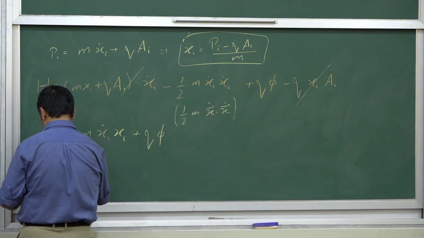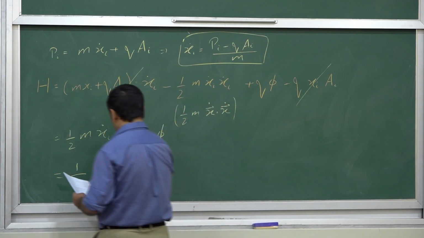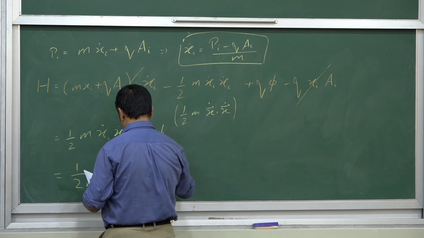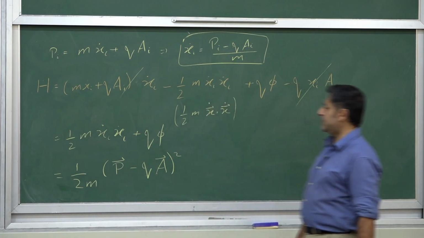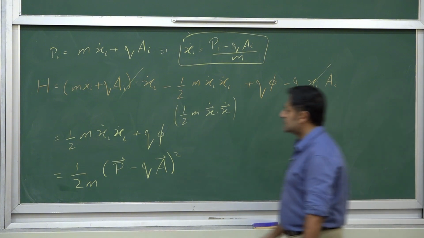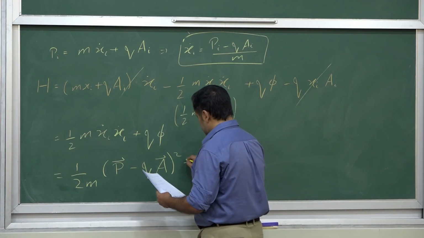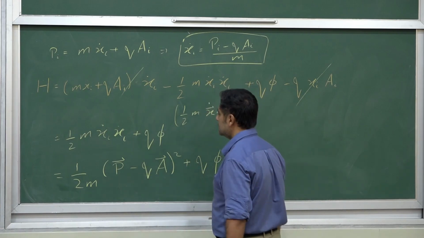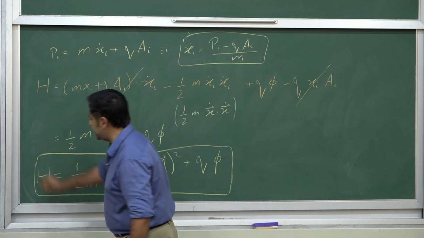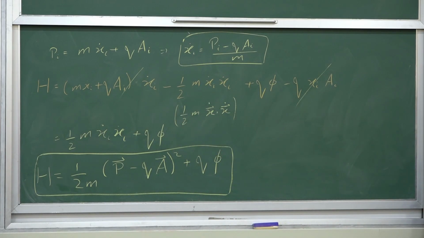So when I do that, I get two m's appear down, one cancels with that, and I have, by square, I mean I'm taking the dot of this with itself. So I've just now switched from index notation to vector notation. So this is the Hamiltonian of our particle moving in electric and magnetic fields.